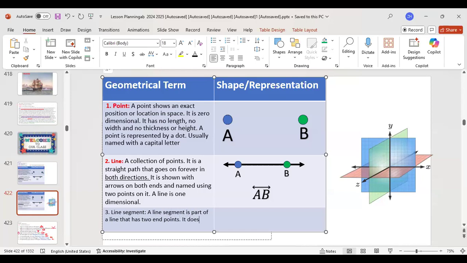It does not extend forever. It has a fixed length. That's a line segment.